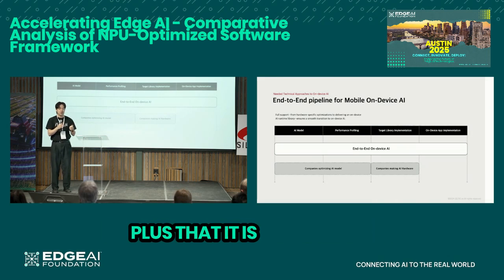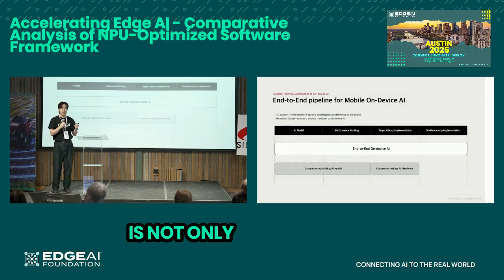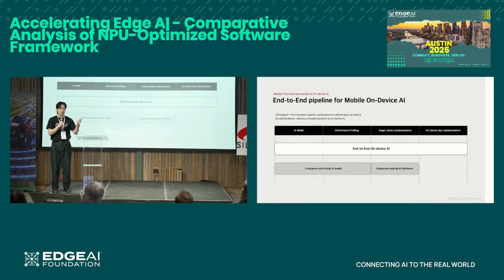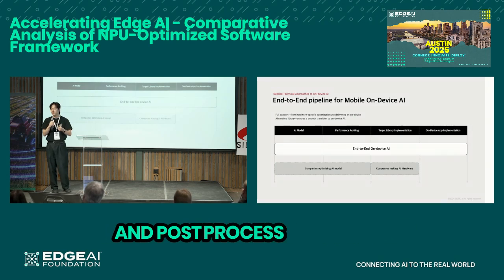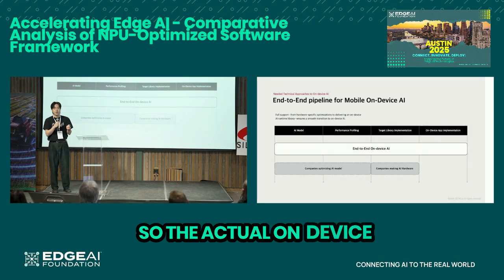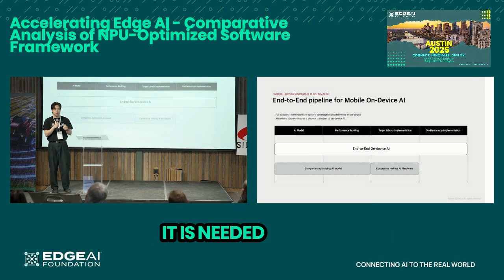AI inference does not exist alone; feature extraction, pre-processing and post-processing are needed to support AI systems. So the actual on-device application implementation is needed as well.